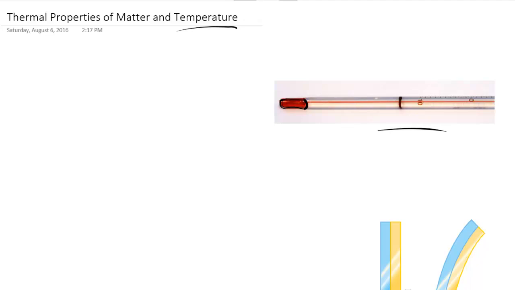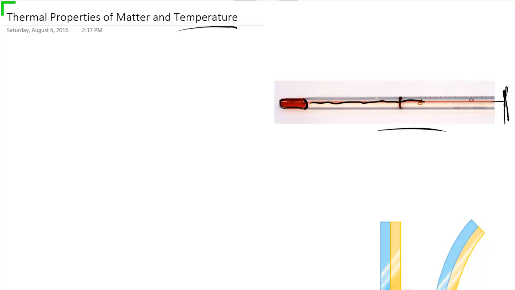And it has in the center of it a hollow cylinder that allows this alcohol to move upwards. Now, because we know the properties of this alcohol, once it reaches a certain length, let's say it stops right here, then we can calibrate this thermometer to know exactly what temperature that is.